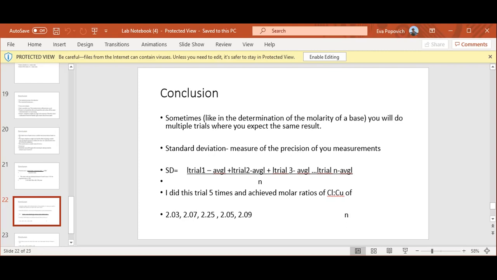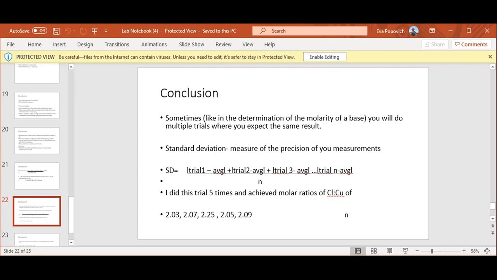Trial 1 value minus average, absolute value, plus trial 2 minus the average, absolute value, all the way out to your last trial value minus the average, absolute value. You take all of those numbers, add them all up, and divide it by the number of trials you have.